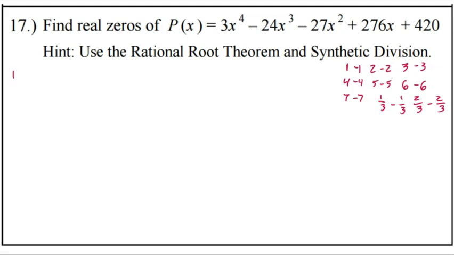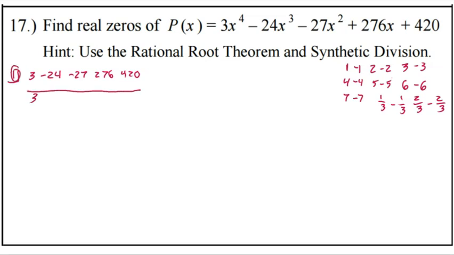So we'll start with 1. We'll do 3, and this one could take a little while, so don't get discouraged. Just keep going. Negative 24, negative 27, 276, and 420. Okay, and we're going to draw a line.